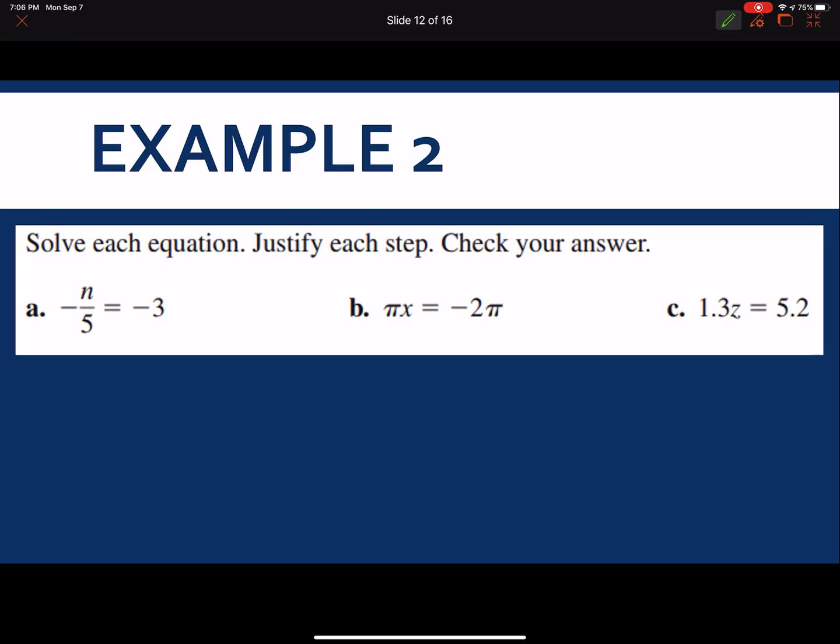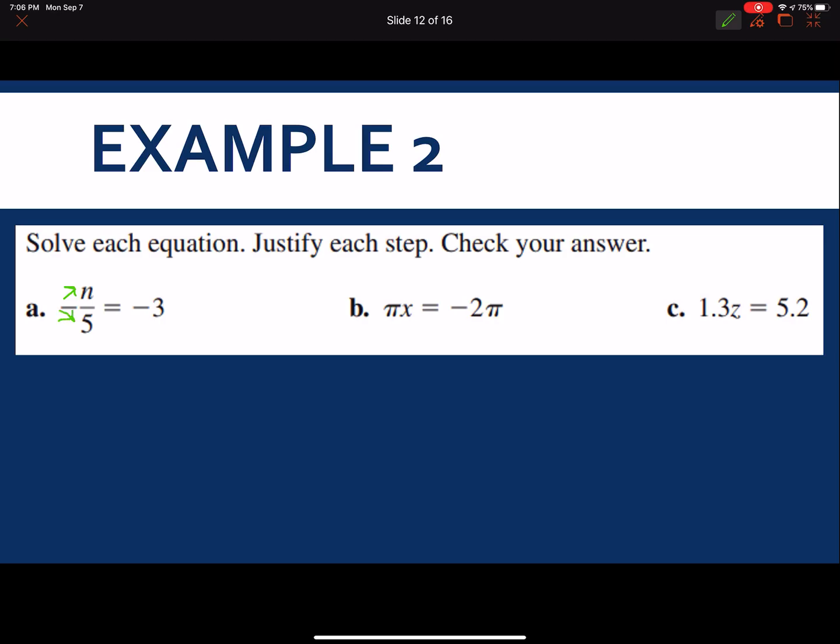Our directions in example 2 say solve each equation, justify each step, check your answer. Example A, -n divided by 5 equals -3. Now I can move this negative sign with the numerator or the denominator.